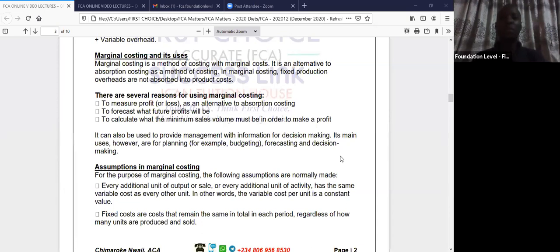If you produce a particular volume of goods, if you meet a particular cost threshold, what will your future profit be? It also helps you to calculate the minimum sales volume that you must make in order to make profit. That's what they call break even. We can also use it in budgeting and decision making.